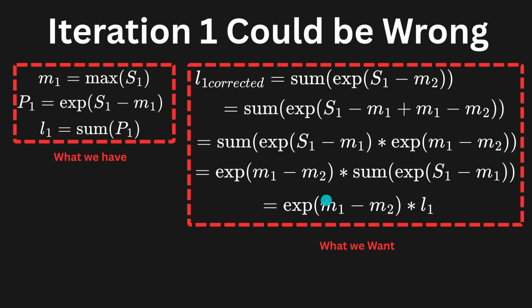And so this is that same thing as earlier. This is our adjustment term to L1. All we're doing is our original L1 has to be multiplied by this adjustment term to correct it for the fact that M1 and M2 may be different. If M1 and M2 are not different, because the new max in the second iteration is the same as the old max, then this just ends up being e to the 0, which is just 1, so no update.